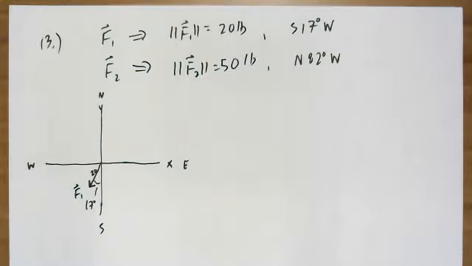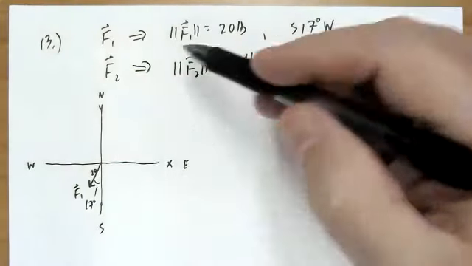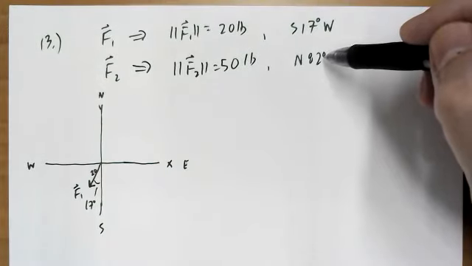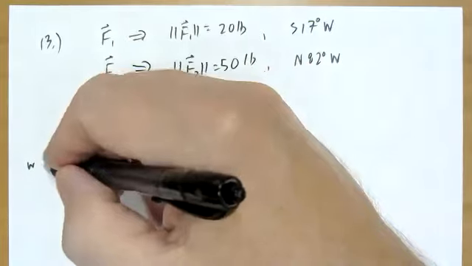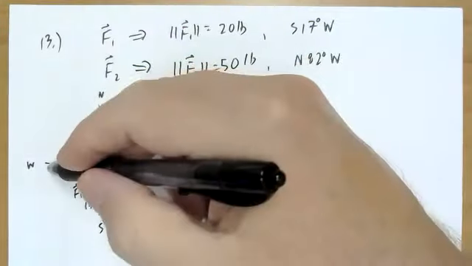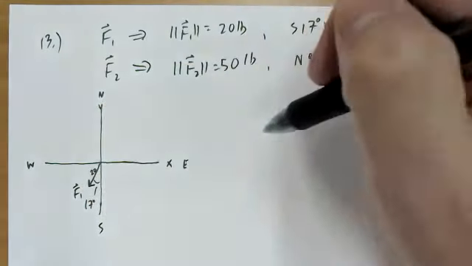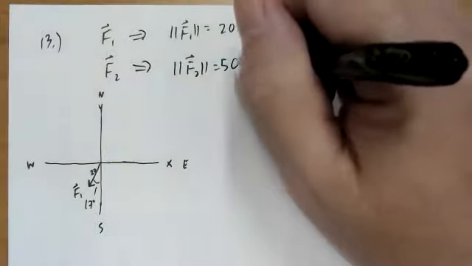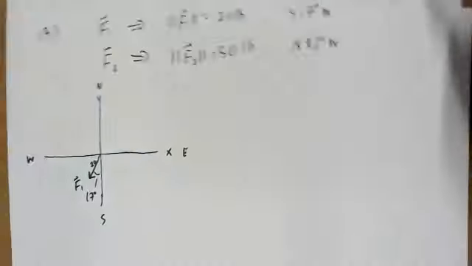So this is the F1 vector. Now F2, the direction: you start north, and then they say 82 degrees west. If I'm north, pure west would be 90 degrees, but I'm going 82, so I'm a little above going straight west. But when I draw my vector, it's got to be 50. It's got to be over twice as long as this one.